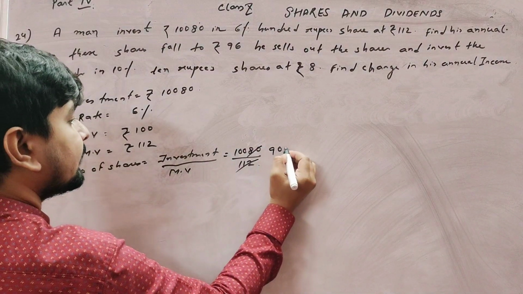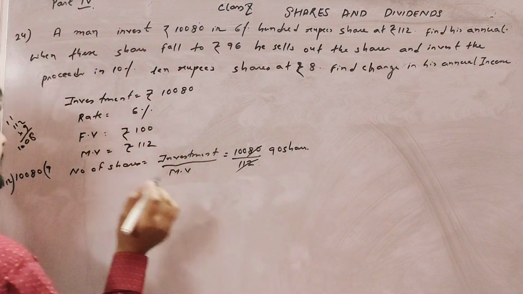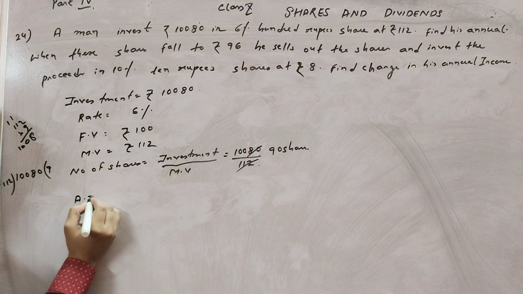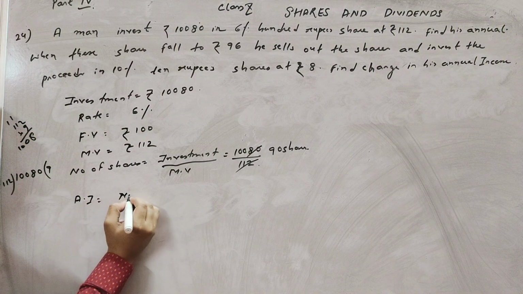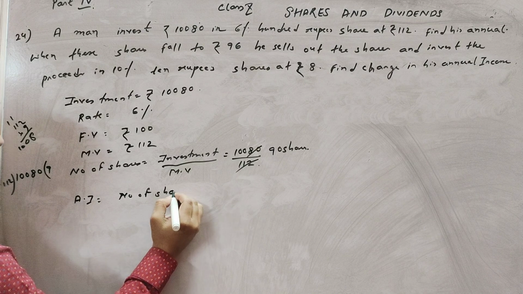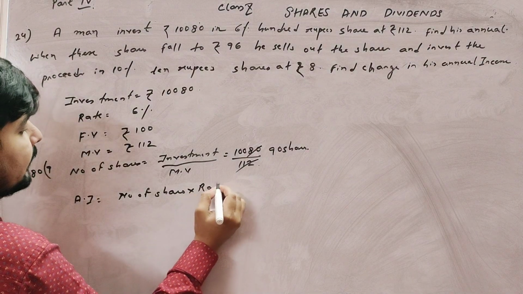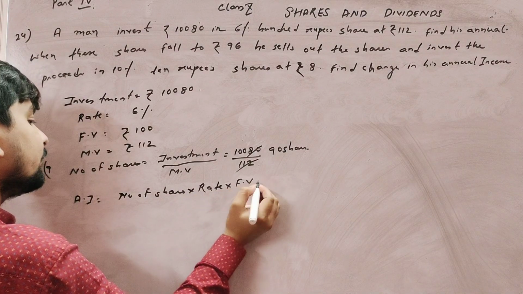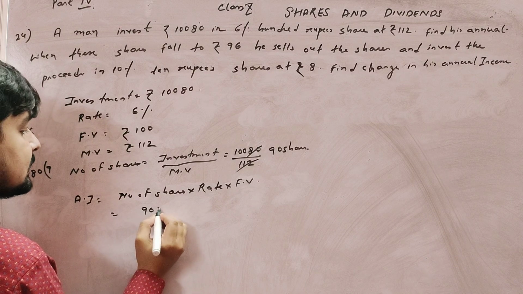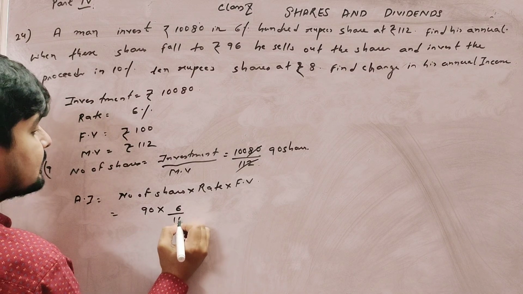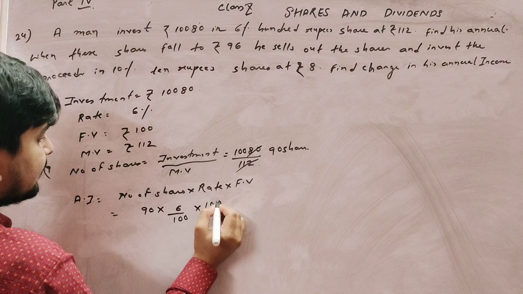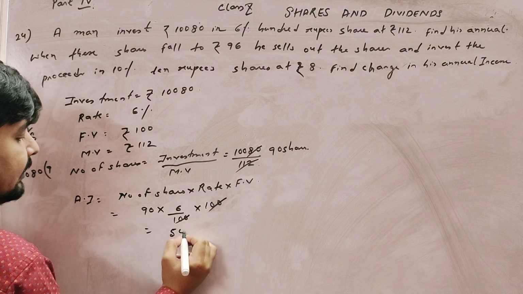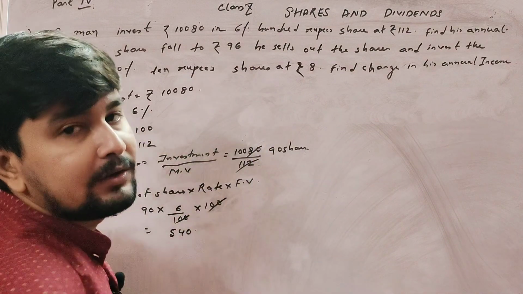It's 90, that is 90 shares. Okay, so annual income is number of shares into rate of dividend into face value. So number of shares is 90, rate of dividend is 6%, face value is 100. 9 into 60, 540. The first line of the question is complete.